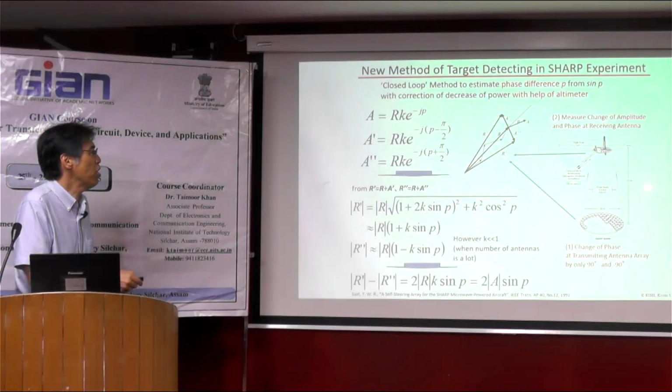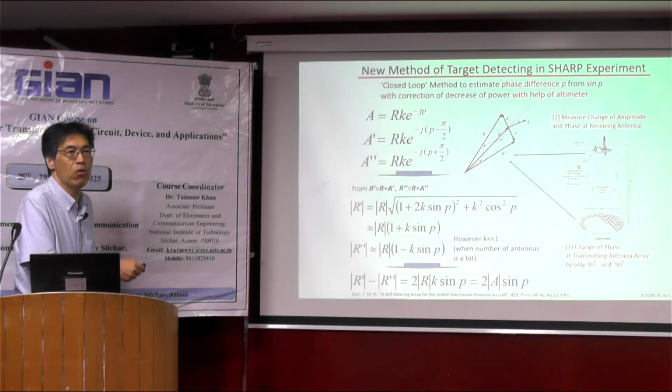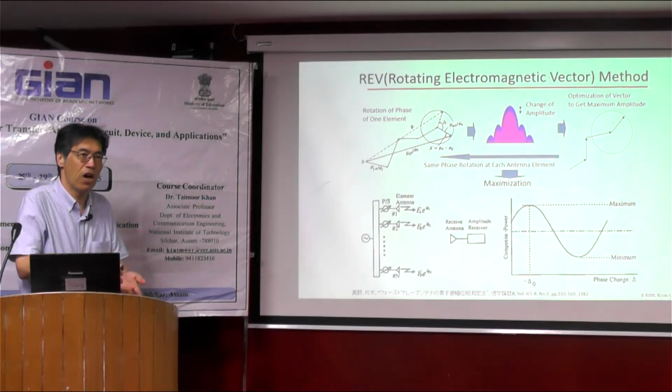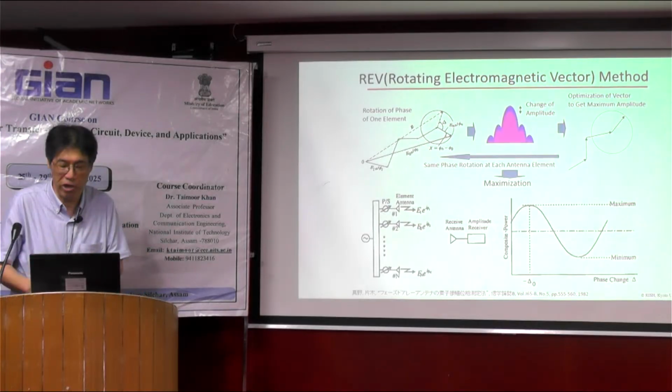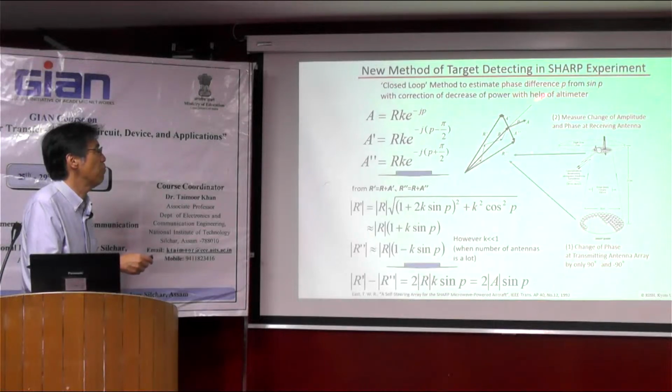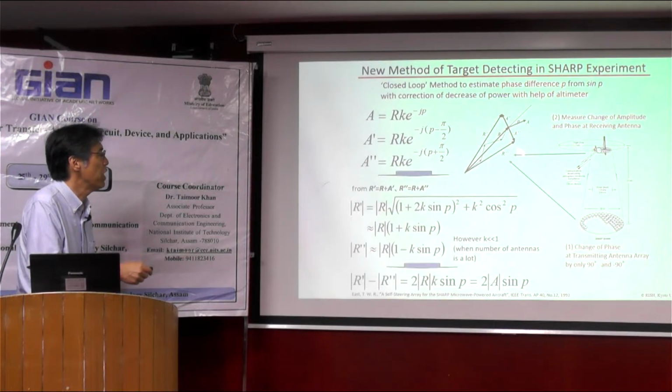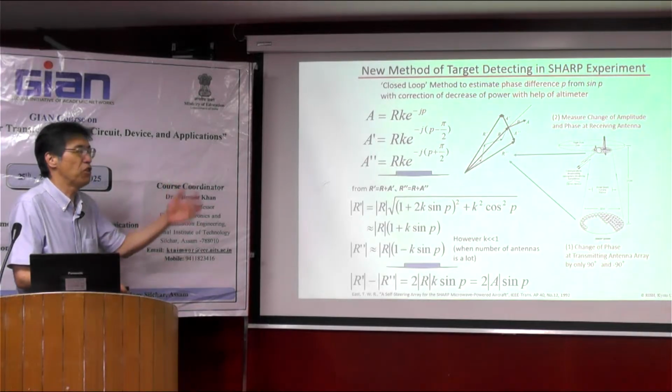With the help of the distance data, the altitude data, they only change two phases in each antenna. Compared to this REV method, which controls all phases from 0 to 360 degrees, in this SHARP method they only control two phases, and additionally they add the distance data.